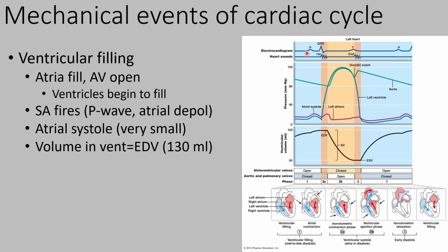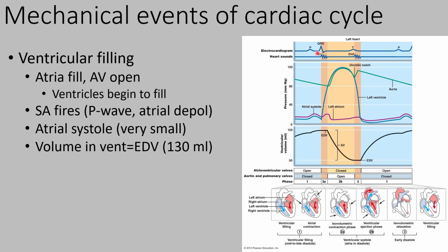Right immediately before the P wave, the SA node fires. So we get the P wave, the atria depolarize. Now this flat spot right after the P wave, what happens there? That's when we get atrial systole. The atria contract. Now the atria, we saw in lab, not a very strong contraction.